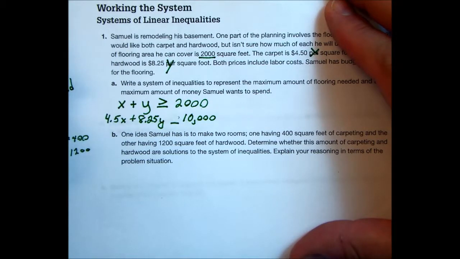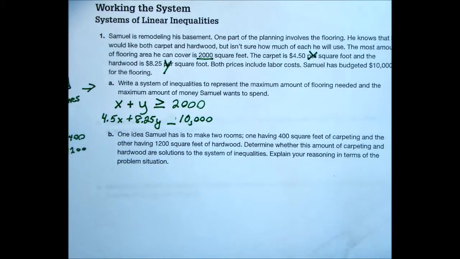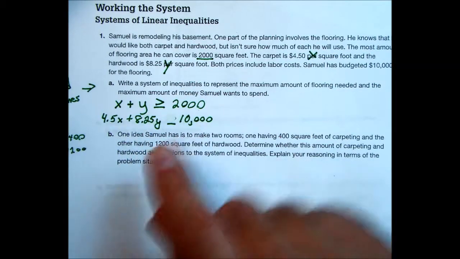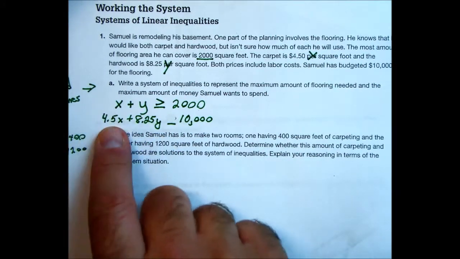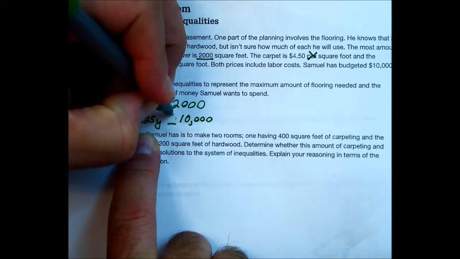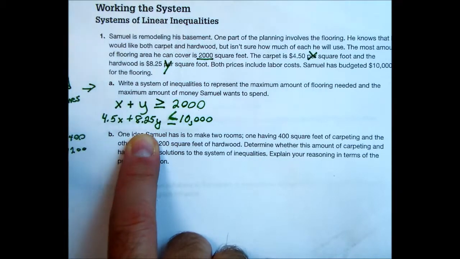Read 2 times. So that means not only read it once, but after I tried to do the problem, now read it again and make sure it makes sense. And if I'd have read this twice, I would have said, okay, this amount and this amount has to be less than or equal to 10,000 because 10,000 is the maximum amount.